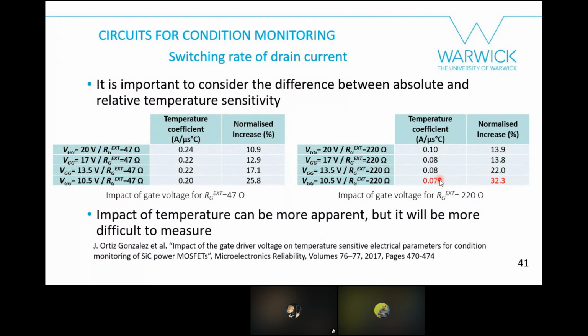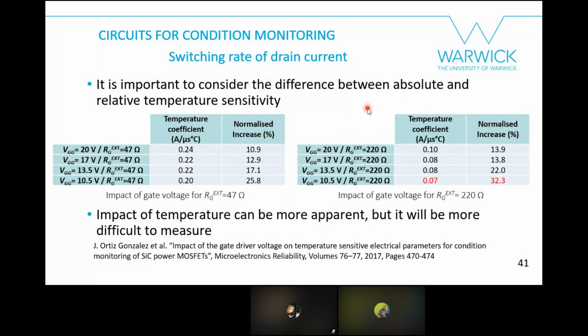This is bad, to say it plainly. The impact of temperature is more apparent, but it is going to be way more difficult to measure. At the end, what you are going to measure is the variation of the parameter with temperature. So it doesn't matter if it increases 100 to 200% if your variation is just a few millivolts.